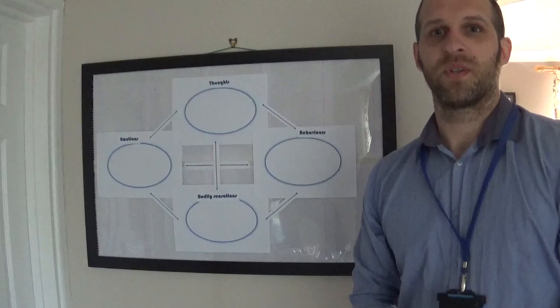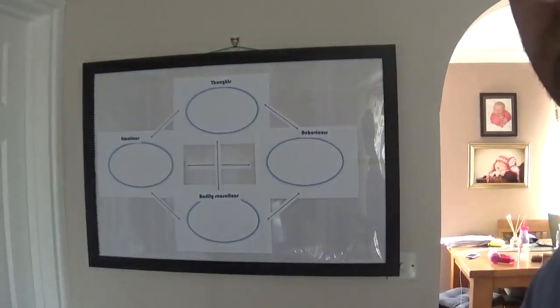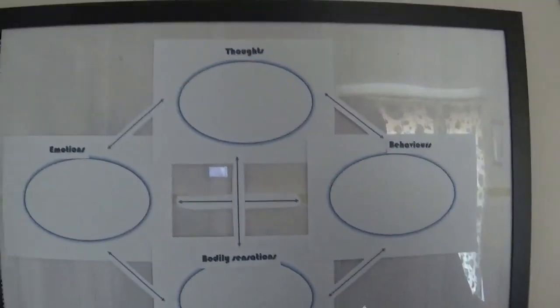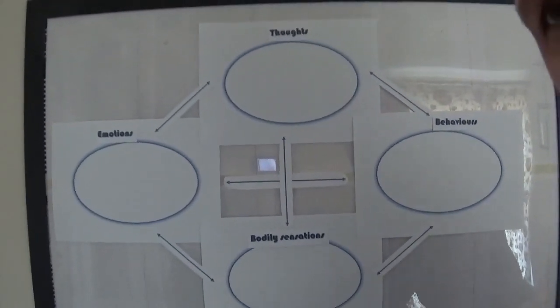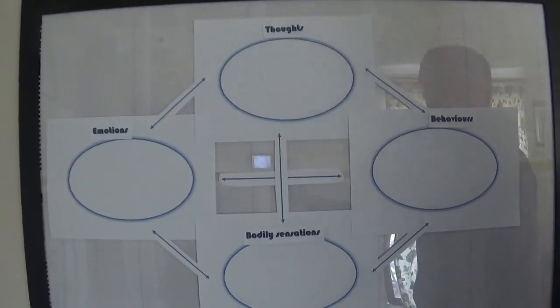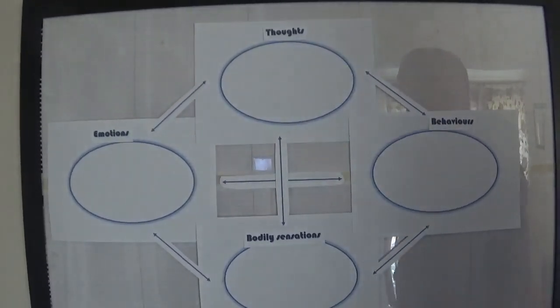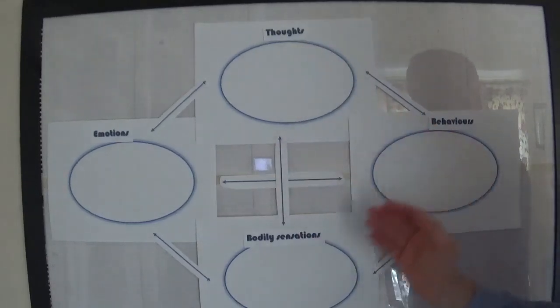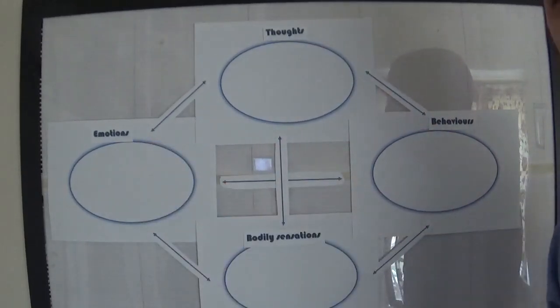So, you really can't see that. Let's go in a bit now, shall we? So what we've got here is four areas of our being: thoughts, behaviours, bodily sensations and emotions.